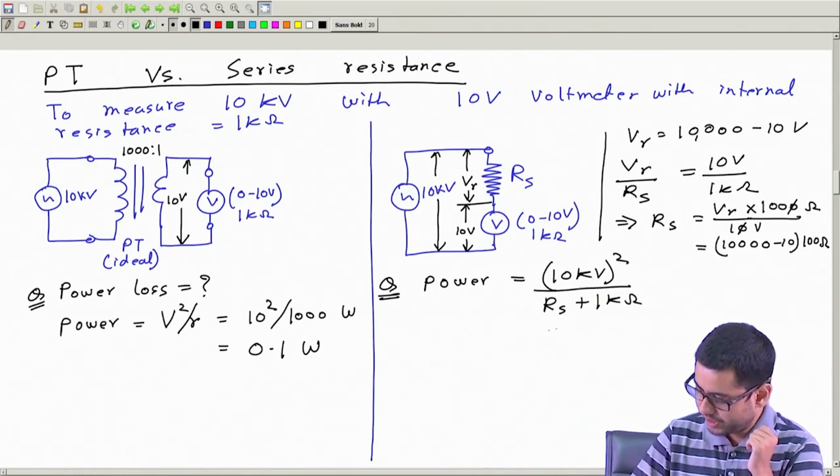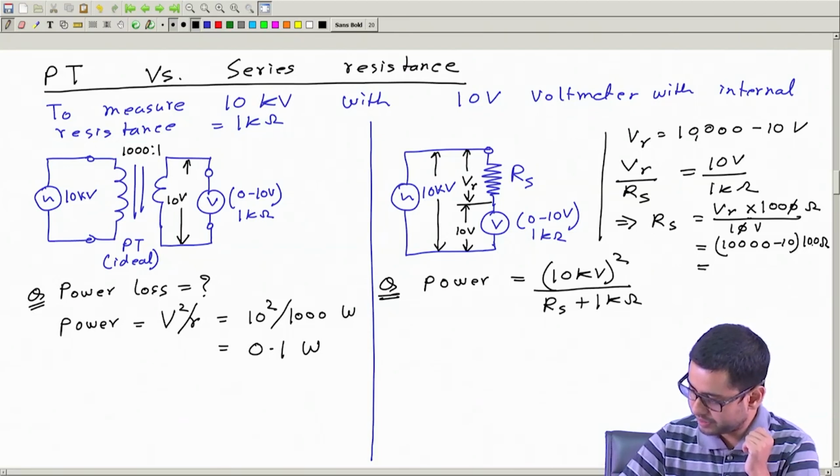Okay, now let's put this value. So this is becoming 10,000 multiplied by 100, and this is 10,000 into 1000, minus 1000.